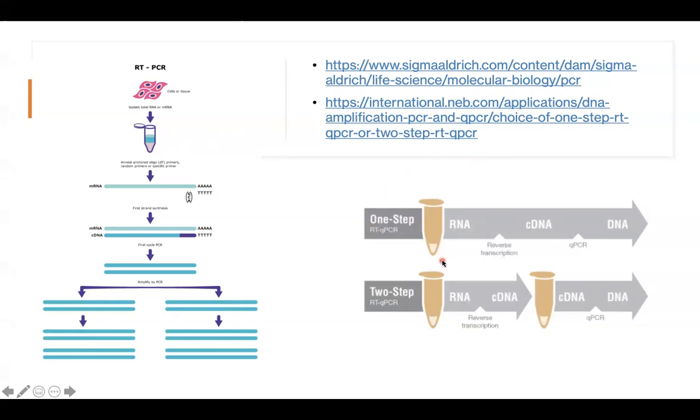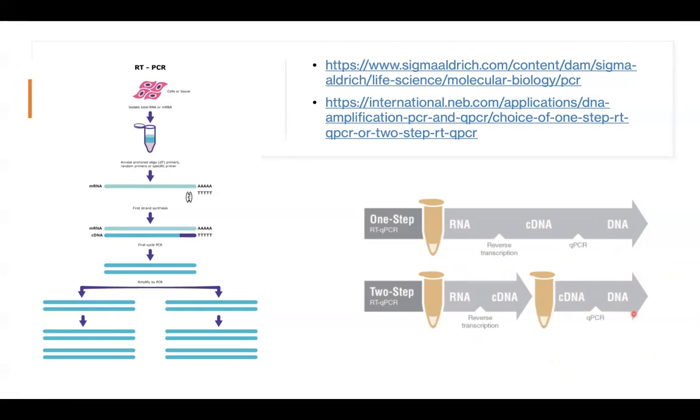But for two-step RT-qPCR, we need RNA extraction, and then we convert this RNA to cDNA by reverse transcription. And then we need another tube to make a PCR reaction. Okay, so that's why we have cDNA to DNA.